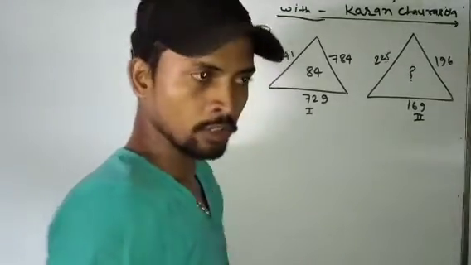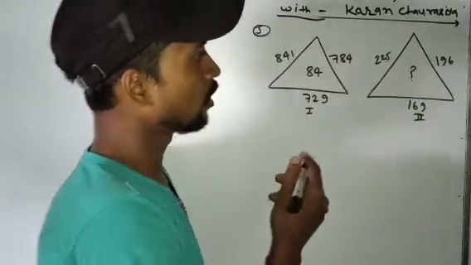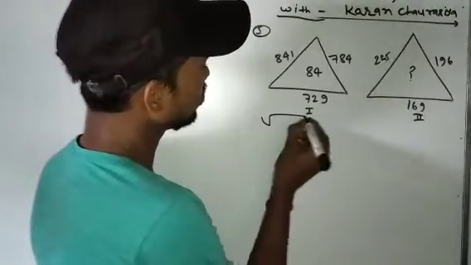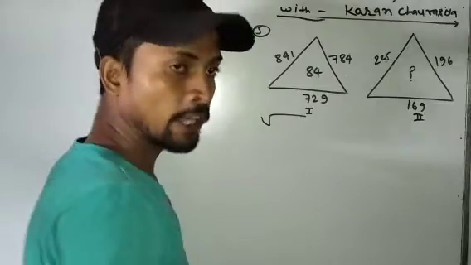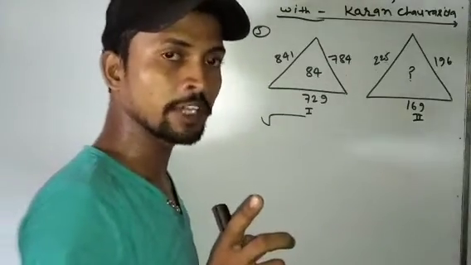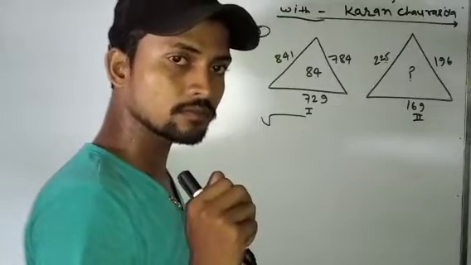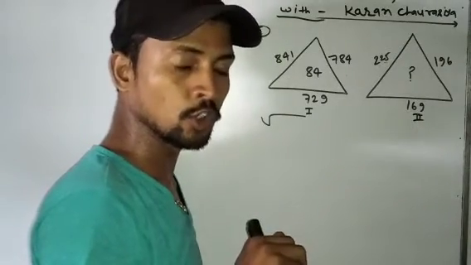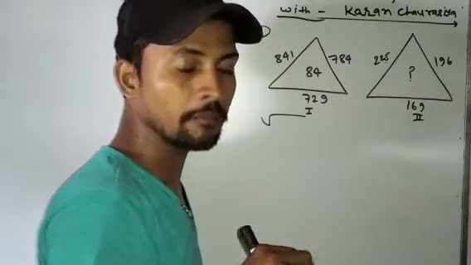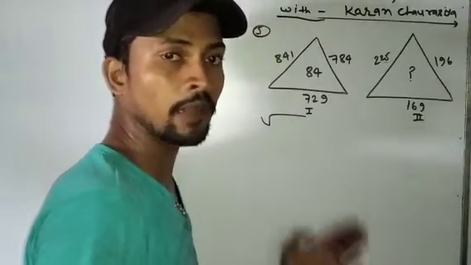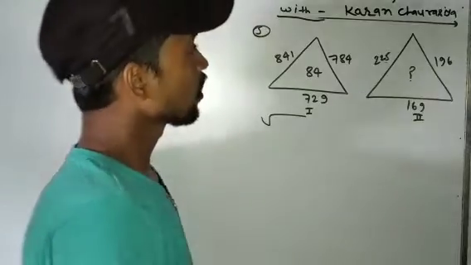First of all, we have to understand how the numbers have been written in the first triangle. We have to apply all the mathematical rules: addition, division, subtraction, multiplication, cube, square and many other rules, then we find the missing number.